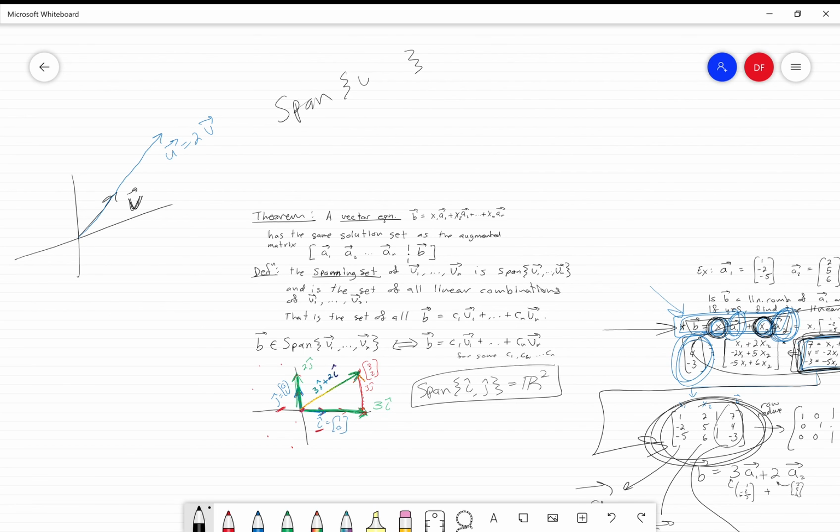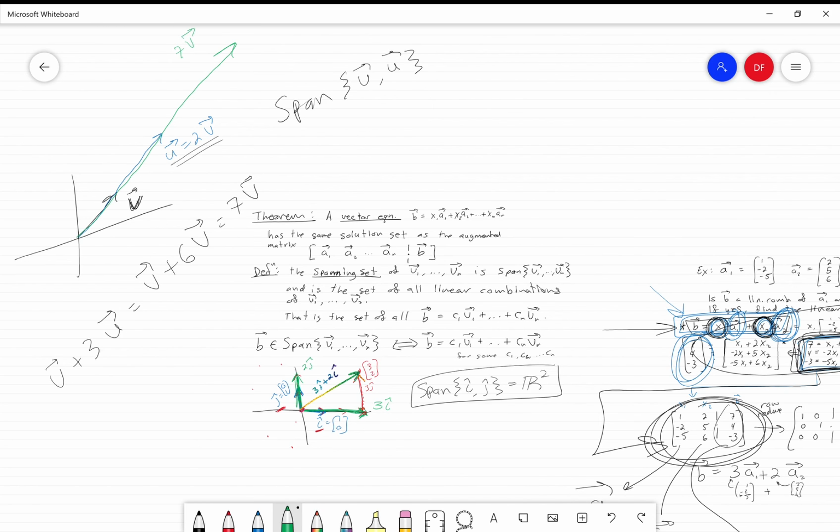Well, the span of v and u is any linear combination of v and u. So for example, v plus 3u is v plus 6v, which is 7v, which gives me this vector right here.